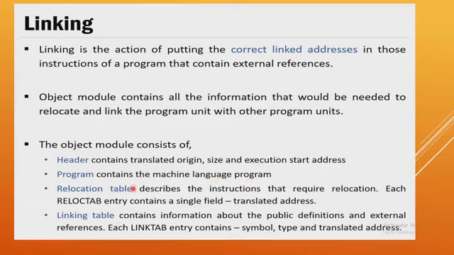The relocation table describes the instructions that require relocation. Each relocation table entry contains a single field, the translated address. Then the linking table contains information about the public definitions and external references. Each link table entry contains the symbol, the type and the translated address.